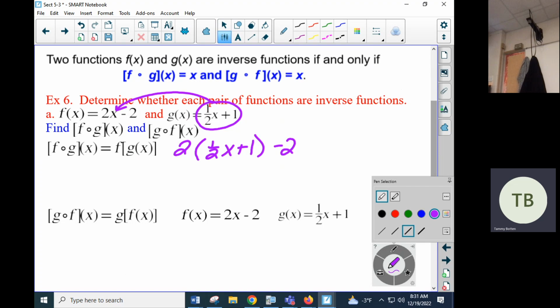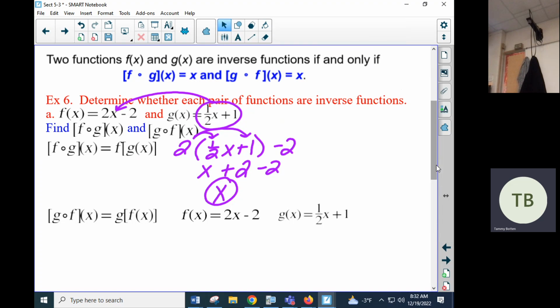Okay, now I'm going to distribute that 2. Half of 2 is going to be 1. So this is just going to give me x plus 2 times 1 is 2. And then I have minus 2. 2 minus 2 is 0. So this is x. So far it's looking like it is an inverse. If this was not x and you were sure you did this correctly, then it would not be an inverse.